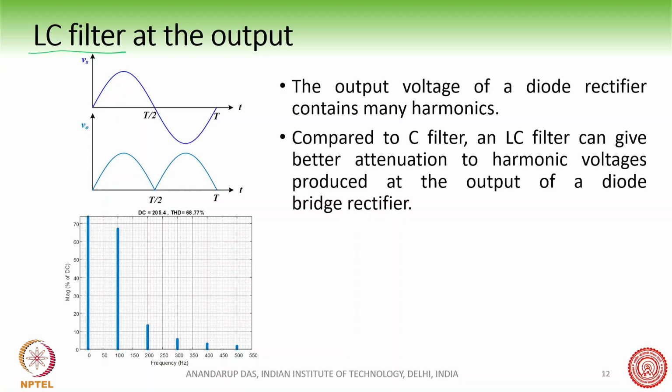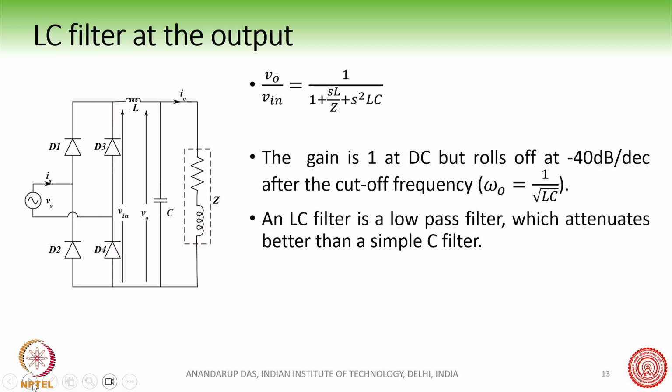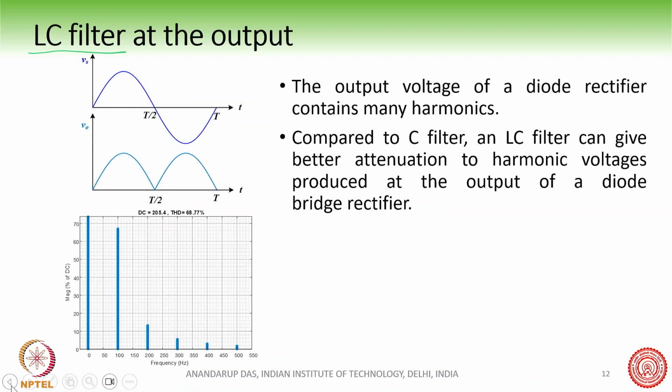What happens with an LC filter is, you can see here, an LC filter means you have an L and C connected in this fashion. If you see the output voltage of the bridge rectifier, it is a rectified AC waveform like this.